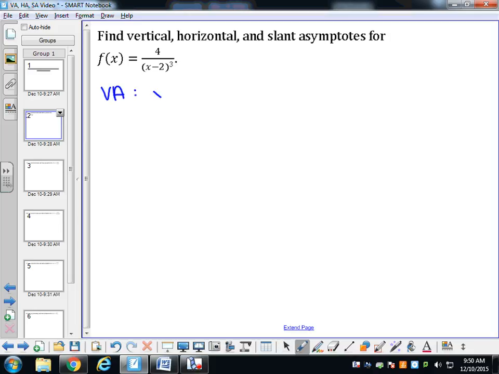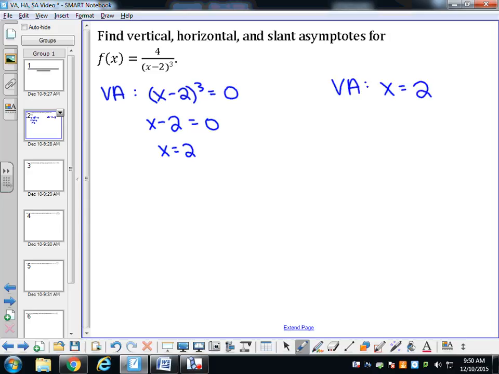To do that, you take whatever is in the denominator and set it equal to 0. So I would have x minus 2 equals 0, so x equals 2. So my vertical asymptote is x equals 2. Now for the horizontal asymptote, I have to look at the degree of the numerator versus the degree of the denominator.